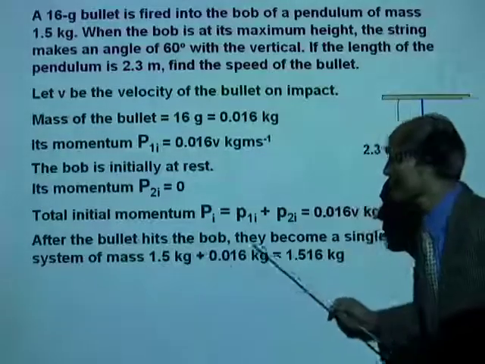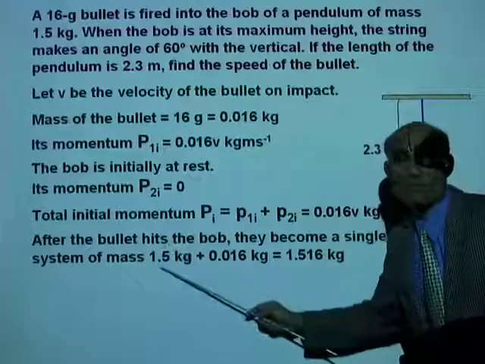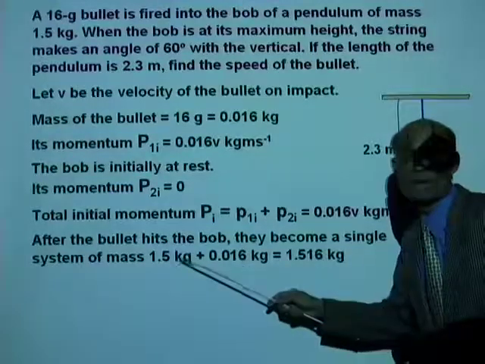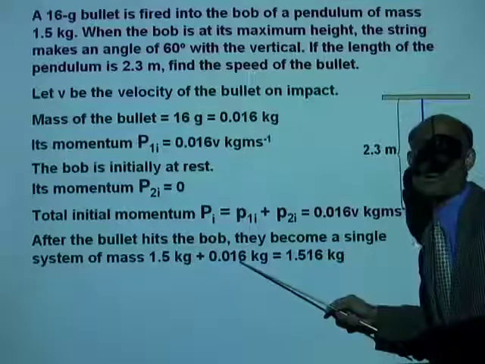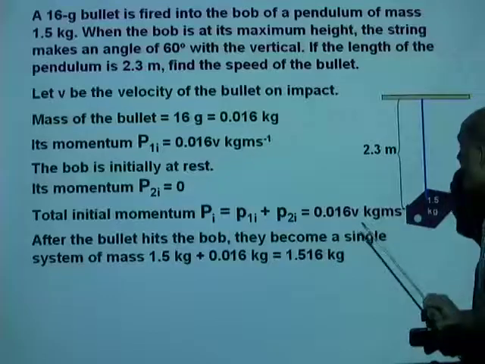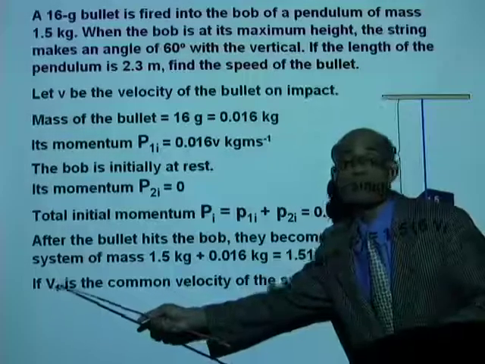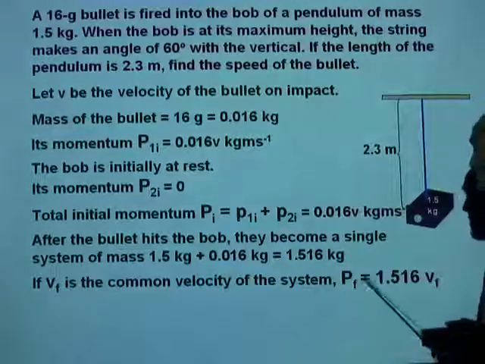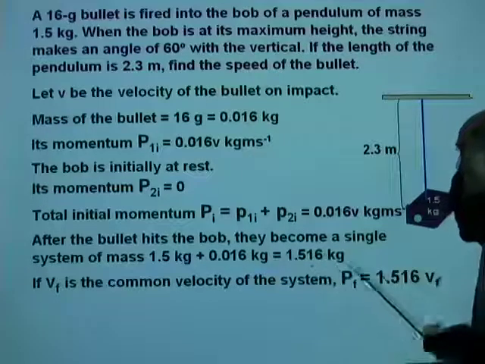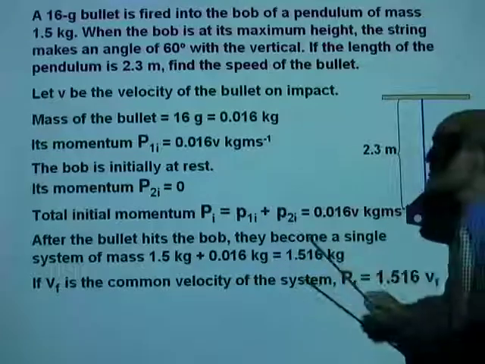After the bullet hits the bob, they become a single system of total mass 1.5 kilogram plus 0.016 kilogram, the mass of the pendulum plus the mass of the little ball, and that is 1.516 kilogram, and moves away with a velocity Vf, so that the final momentum Pf is 1.516 Vf, and that Pf must be equal to Pi.